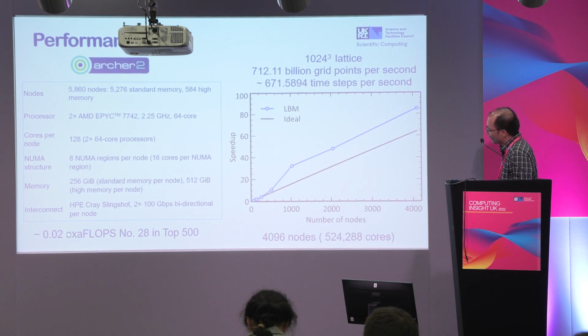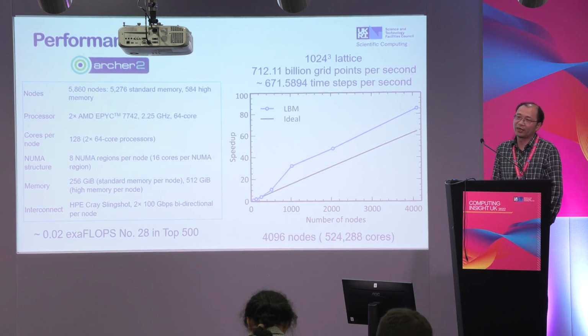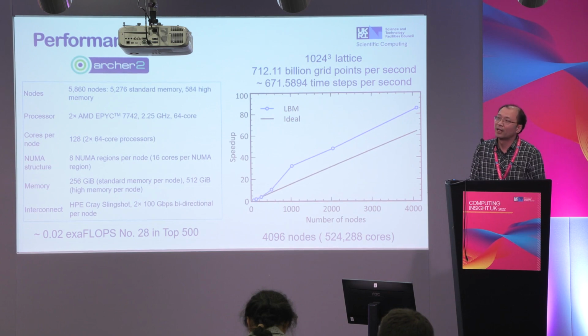Archer 2 is about 2% of an exascale computer, but still ranked number 28 in the Top500 list. We ran simulations of about a 1,000 cubed lattice, and as we can see here, up to 4,096 nodes we still get superlinear scaling. I think I cannot test more nodes. It's really good parallel performance, at about 500,000 cores.